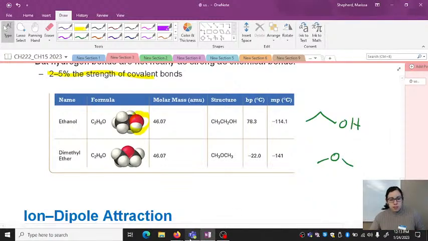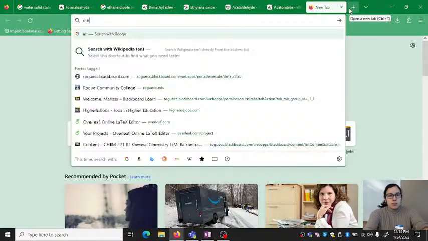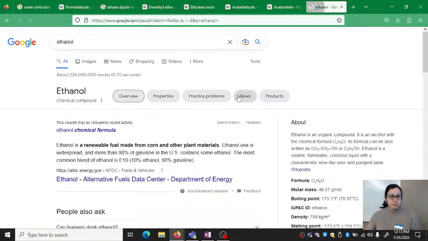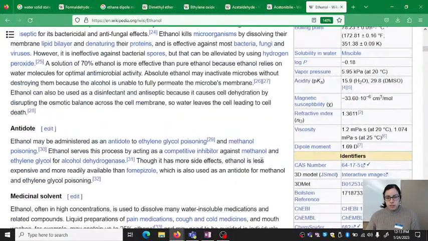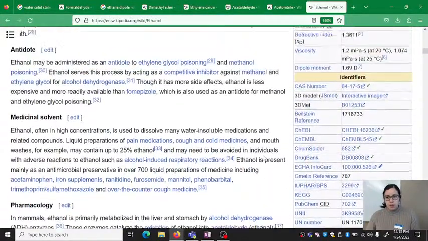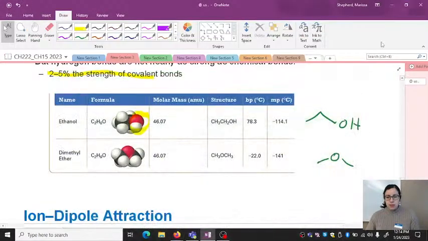And let's see if we can look up ethanol. Let's just compare its dipole moment. So it's not too crazy on the dipole moment, 1.69 for ethanol. But then we still get a huge difference in boiling point.